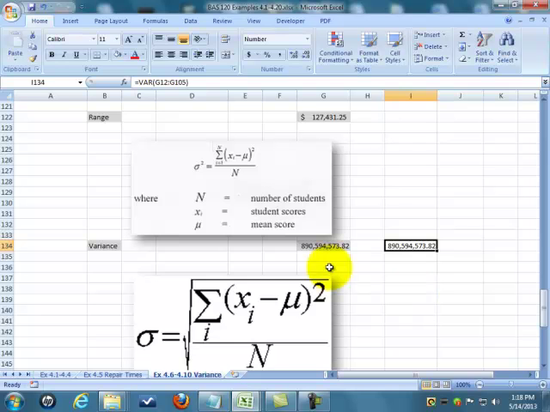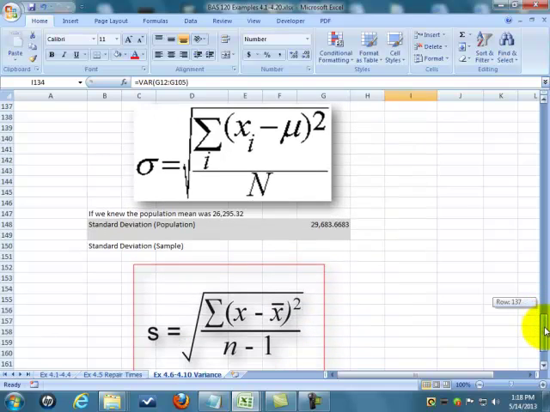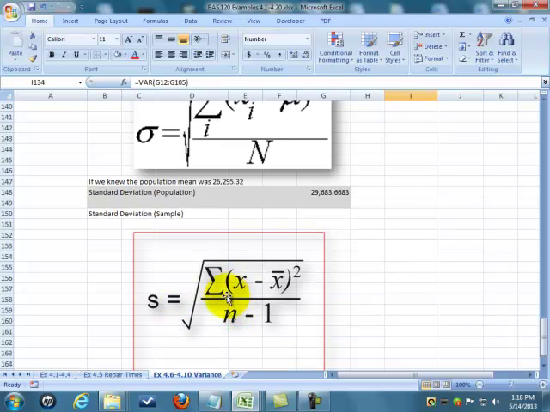And in large part that's because we squared all of these numbers, right? So it's extremely large. So what a lot of folks will then do is calculate what's called a standard deviation. Now there's two equations. One is a standard deviation when we know the population, and the other is a standard deviation when we only have a sample.